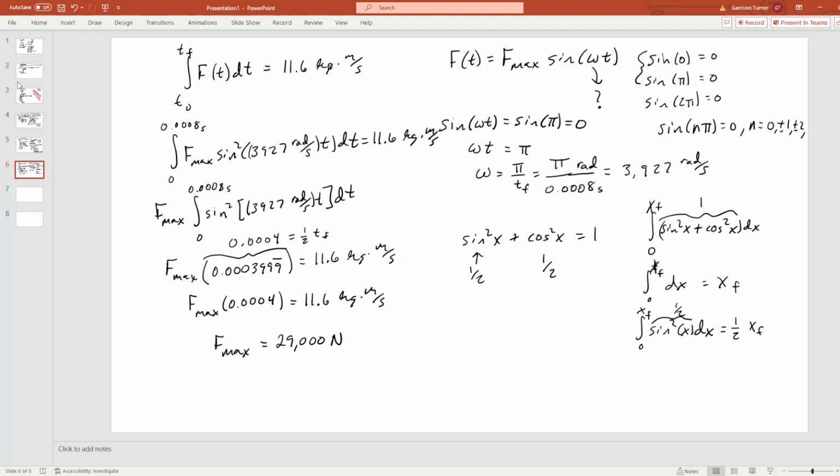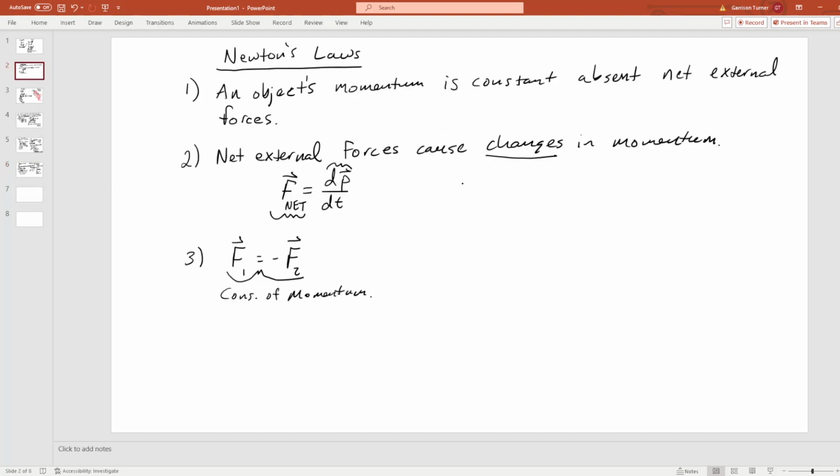Now, I will mention one thing, and let me come back up here, okay? Look at this form of Newton's law. What this is telling you, well, actually, let's use not this form, but this form. When you move away from derivatives and you go to deltas, then this becomes your average force that was exerted.